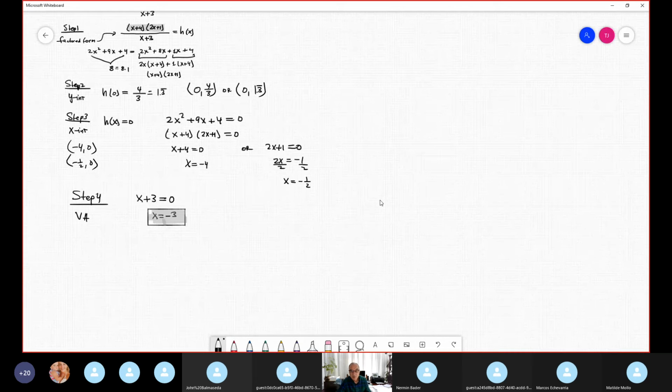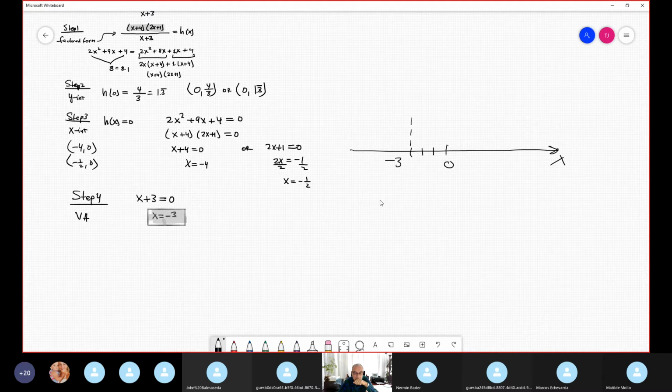Well, my rough sketch looks like that. This is the x-axis. This is 0 and -3, 1, 2, 3. We have the vertical asymptote, only one. Okay, and the x-intercept is -4 here, -4, 0, and -1/2.